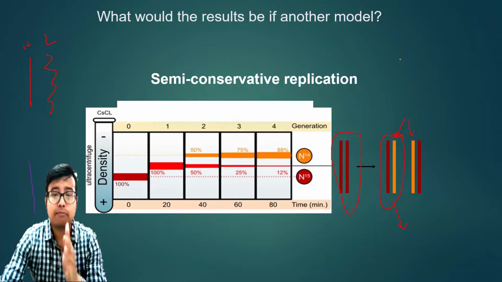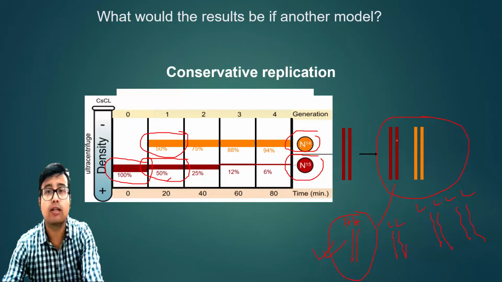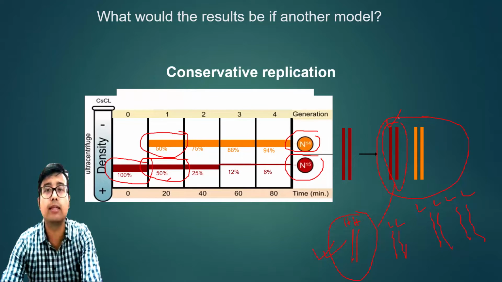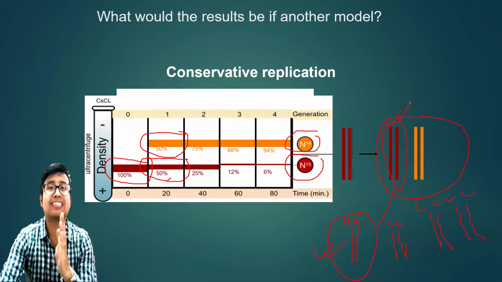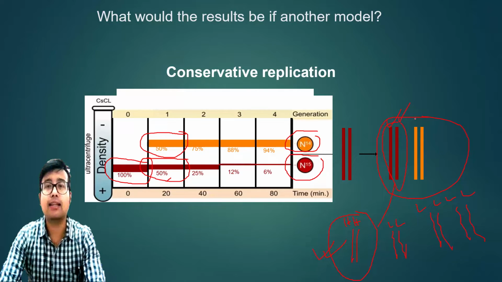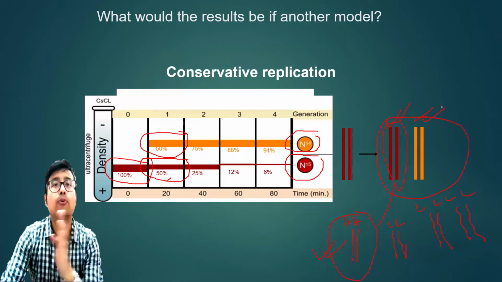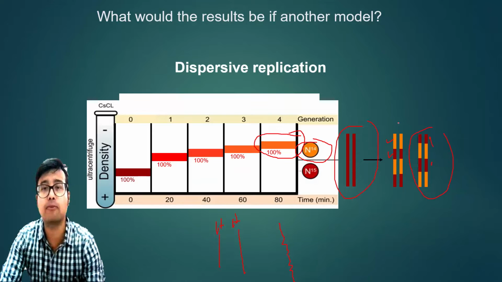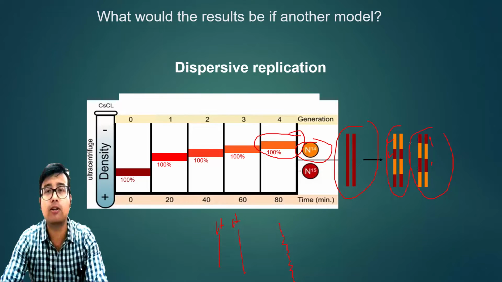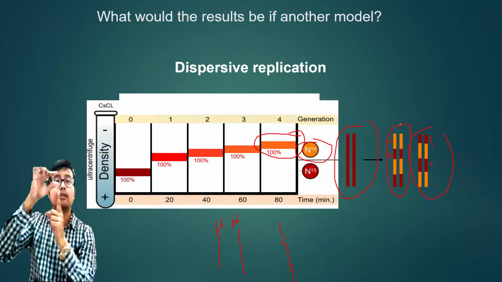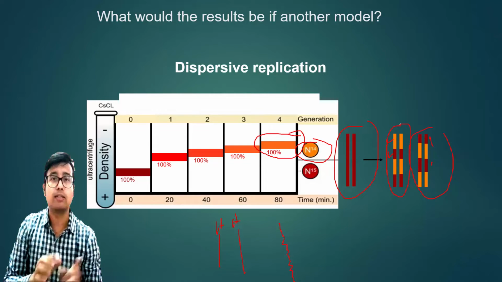let me go back to the conservative model. In case of the conservative model, the whole double strand was weighing 15 because both strands are synthesized from 15, and the lighter strands are synthesized from 14, so both are weighing 14. In case of the dispersive model, they are weighing in between because it consists of 15 and 14, but in fragmented components, not total.